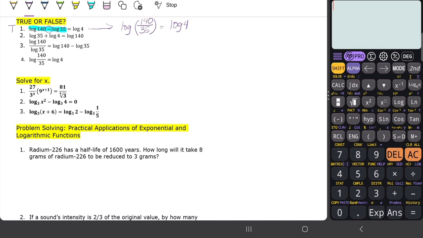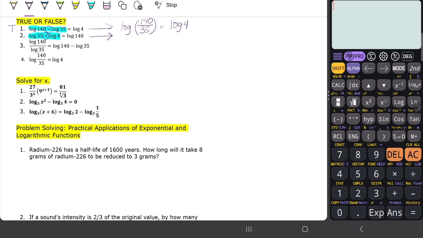So, meron tayong log 35 plus log 4 that is equal to log 140. Okay, so this time, sa right side natin, we have plus na operation. Okay, so to combine these two terms into a single log, we need to apply the product rule.